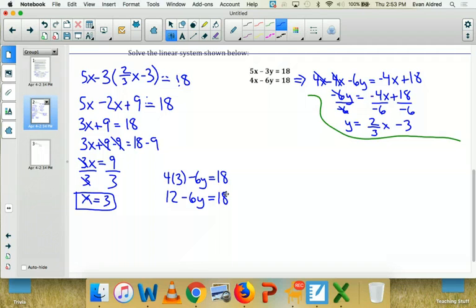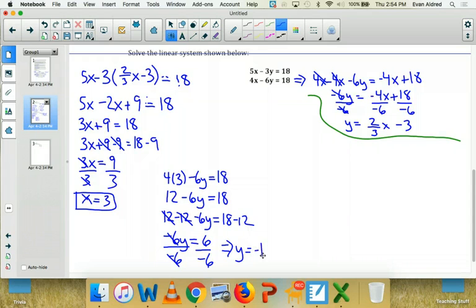So again, we said that x is equal to 3, so where I see x in the bottom equation, I have plugged in 3. We'll move our 12 over by subtracting it from both sides. We end up with negative 6y equals 6. We divide out the negative 6. We get y equals negative 1.